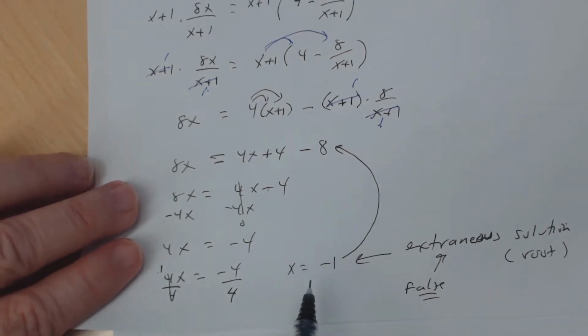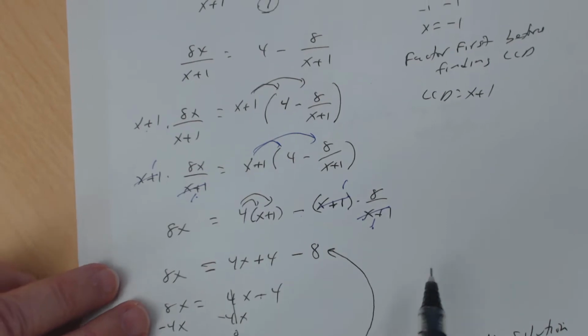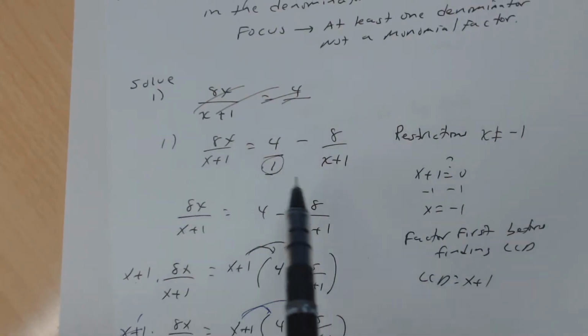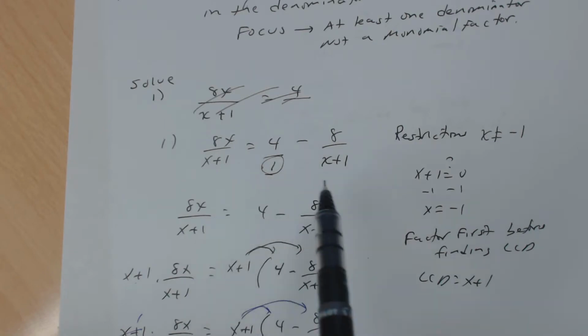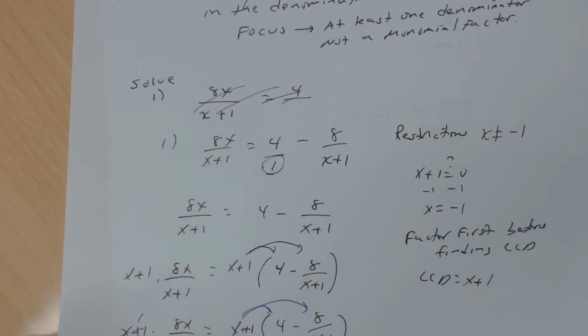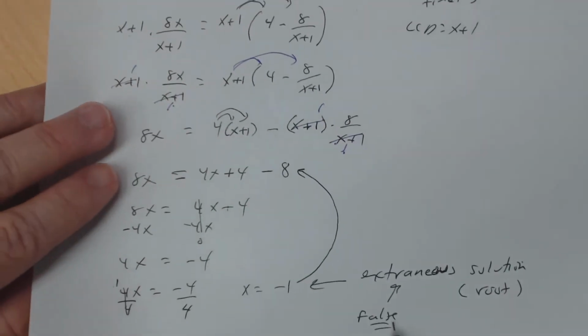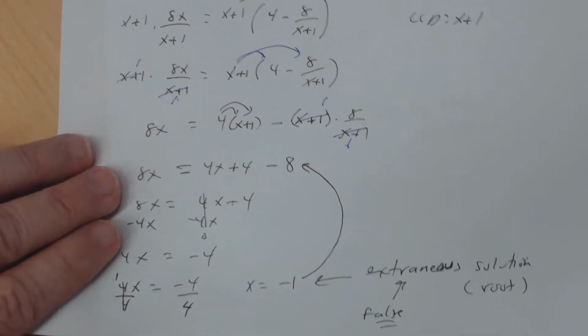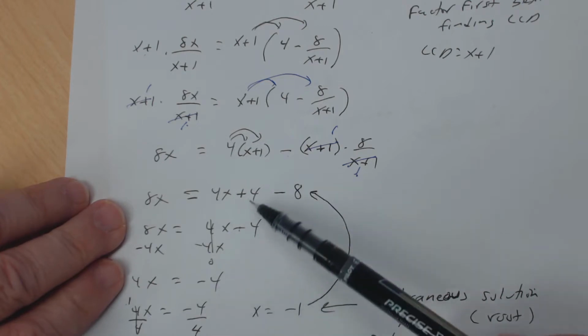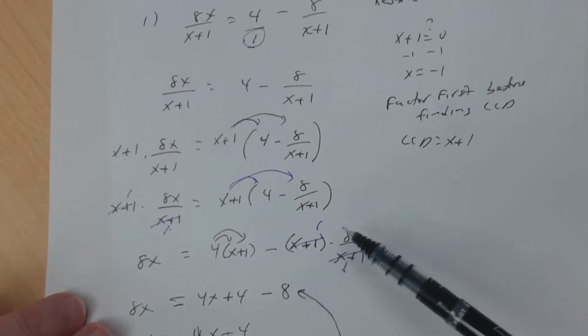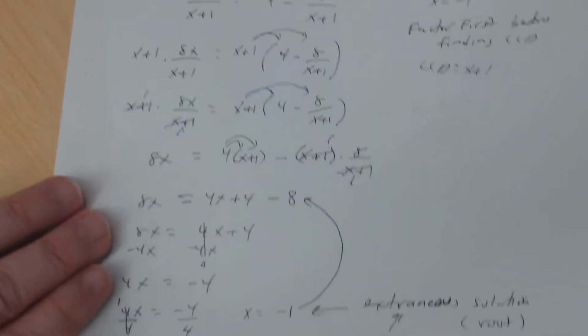But the issue is that negative 1 is not any solution to the original because the original, negative 1, made my denominator 0. The original had variables in the denominator. Okay, so that's why it's called an extraneous root. It's a solution to one of the previous equations through the process, but it's not a solution to the original.